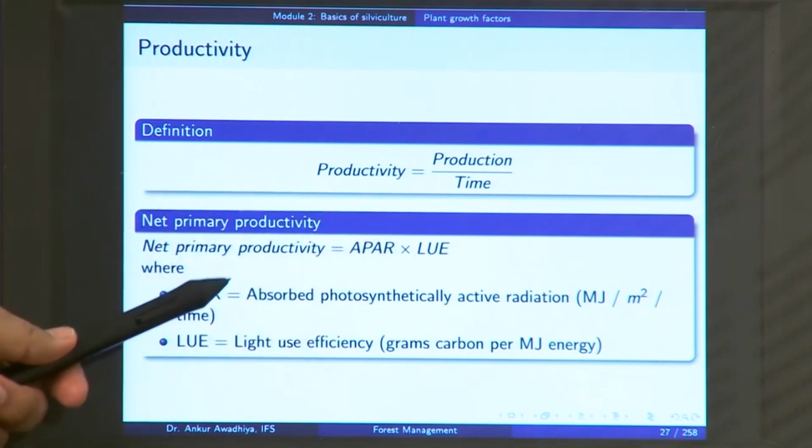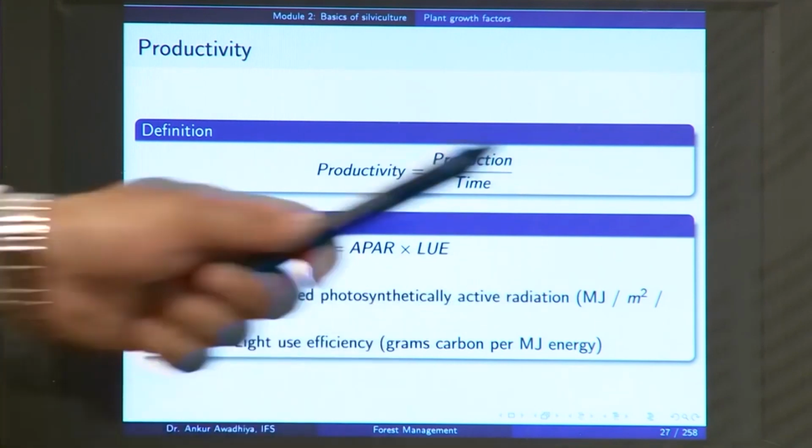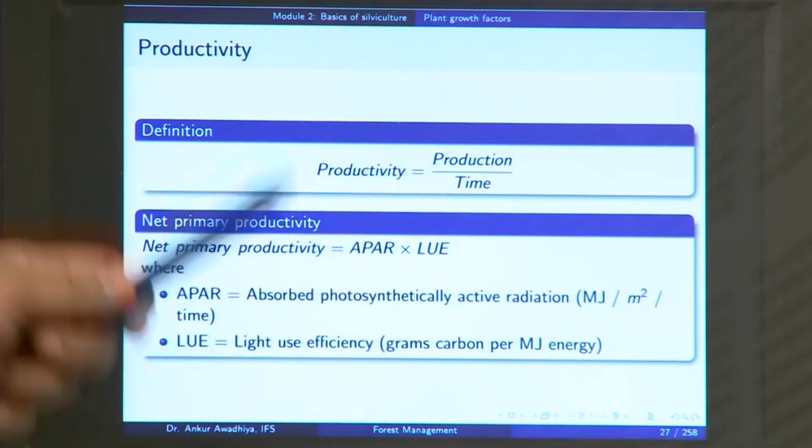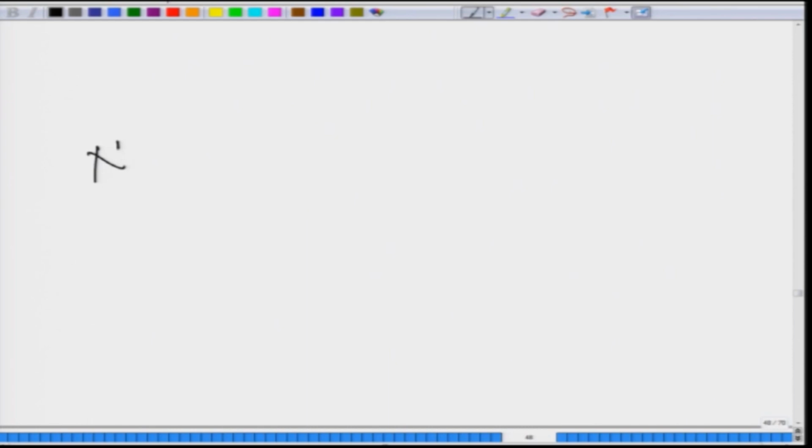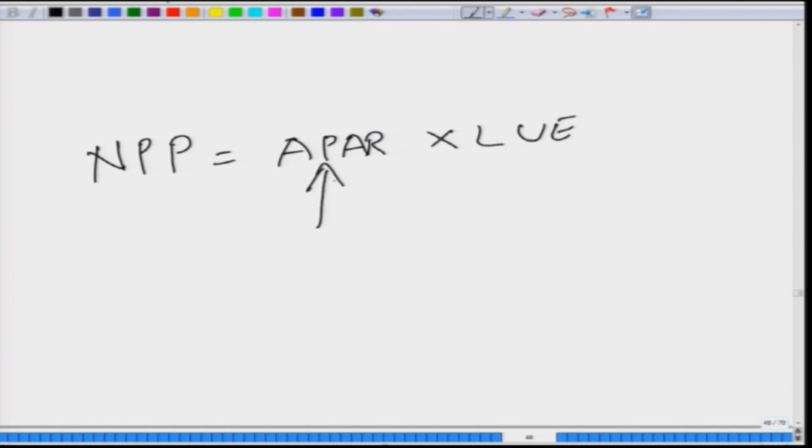Now, APAR is the absorbed photosynthetically active radiation, and LUE is the light use efficiency. So, what this equation is telling you is that the net primary productivity is APAR into LUE.